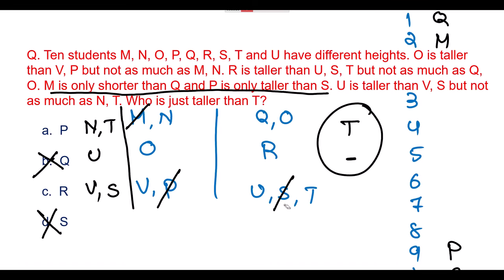S is above P, so S is not below T, it's avoided. Then we have to try P. If T is above P, the conditions mentioned will not satisfy. So we can simply complete this elimination, and the possibility for T just taller than somebody is R.